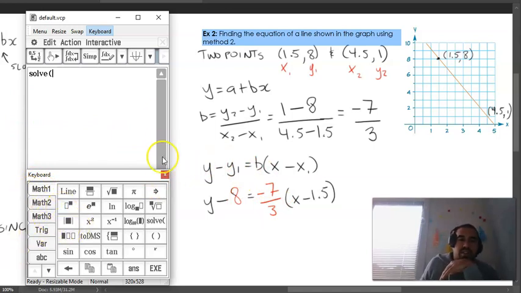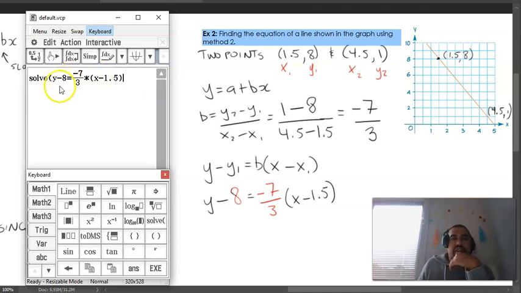Y minus 8 is going to equal, then I get my fraction button, negative 7 over 3, plus, and just be safe and put the times in there, open bracket, x minus 1.5, close bracket.